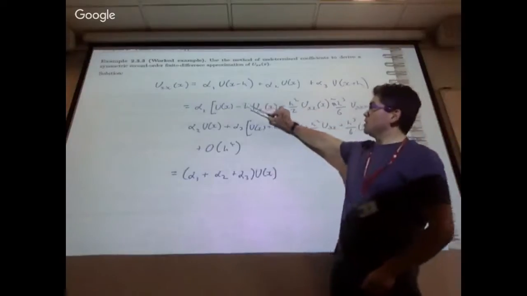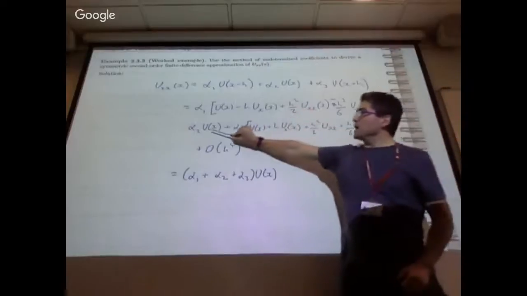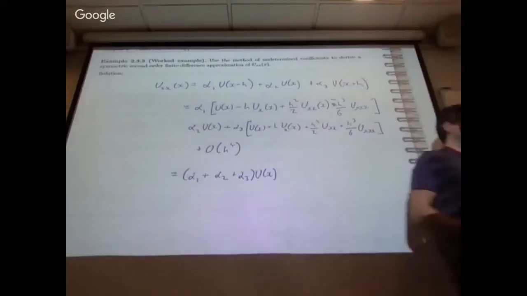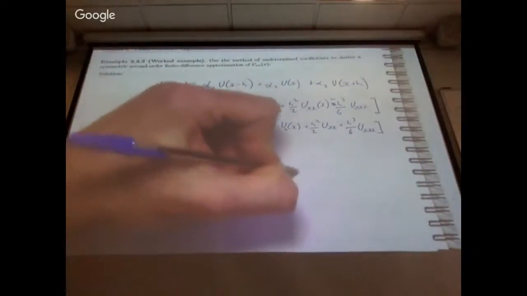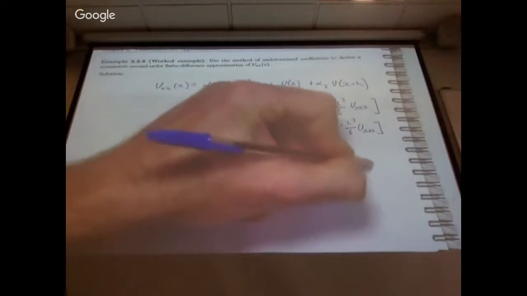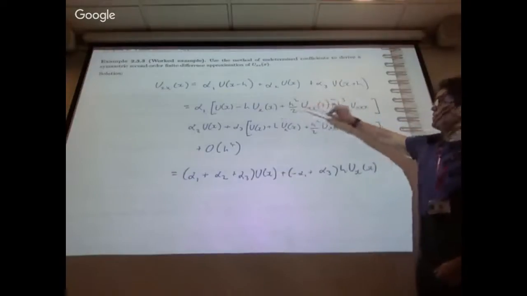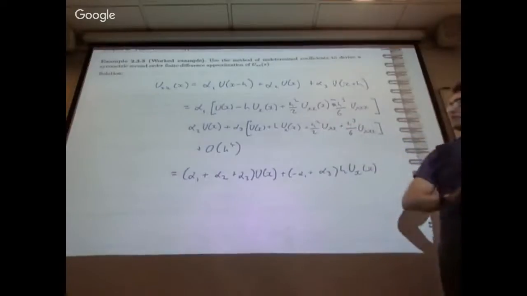So here, I've got minus h times alpha 1, I've got nothing there, and I've got plus h times alpha 3. Second derivative, well, what have I got? I've got h squared over 2 times alpha 1, and h squared over 2 times alpha 3.